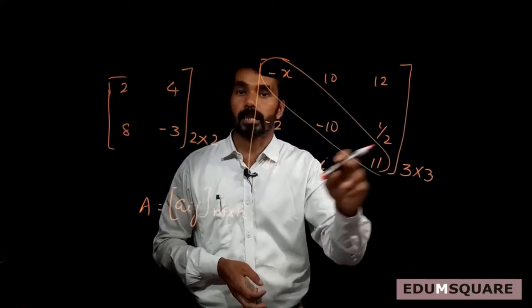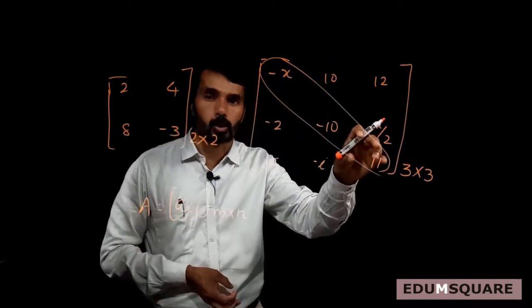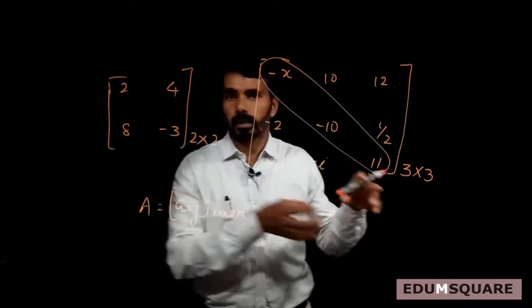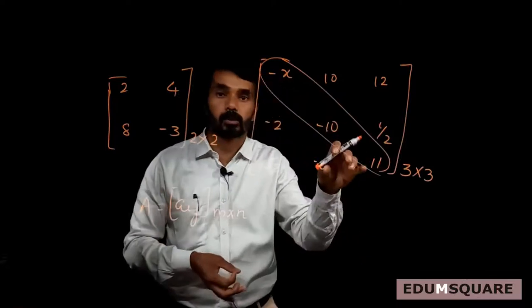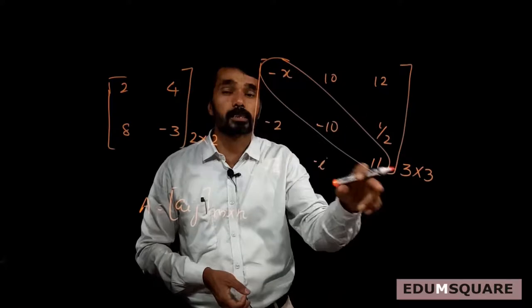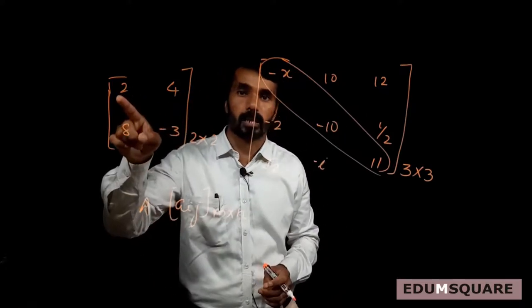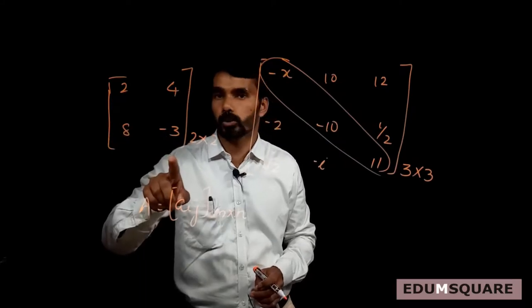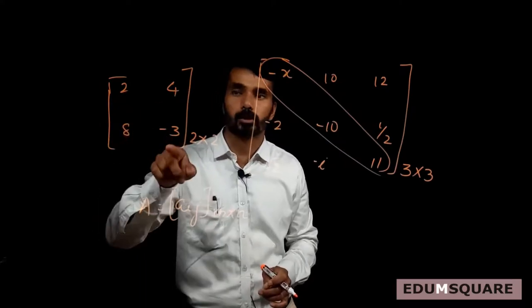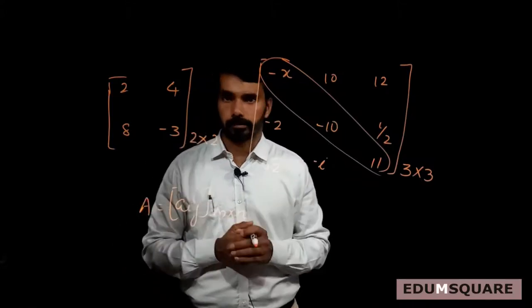Next, this is A33. So these elements A11, A22, A33, etc. constitute the diagonal of this matrix. Here A11 is 2, and A22 is minus 3. So this 2 and minus 3 is known as its diagonal.